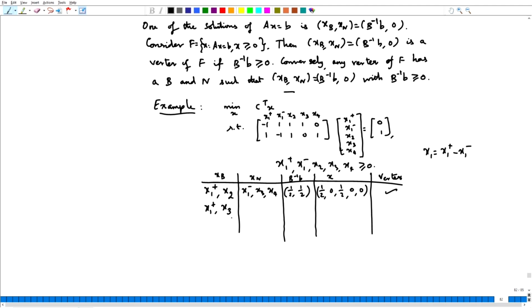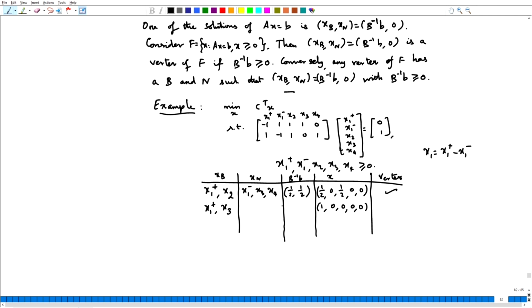x1 plus and x3 are basic variables and the others are non-basic. So, you have minus 1, 1 and 1 0 as the matrix under consideration. The right hand side is 0 comma 1. So, x1 plus is 1 and x3 will be 0. So, you have this as the point x.